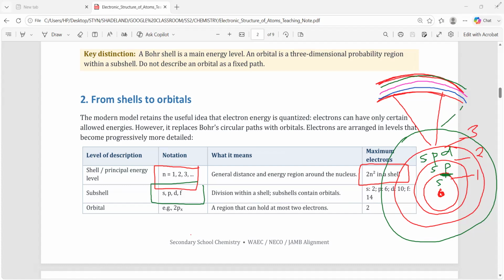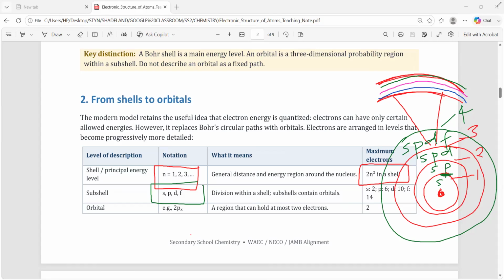The fourth shell now is going to have S, P, D, F. And these are the 4 subshells that are readily in existence based on the atoms that have been discovered so far. Are we together? Good. Now, let's go deeper.